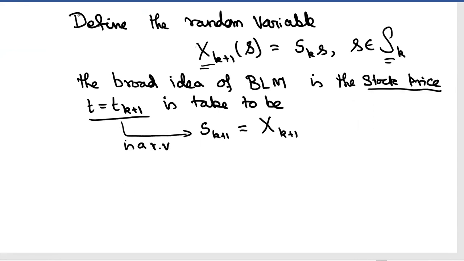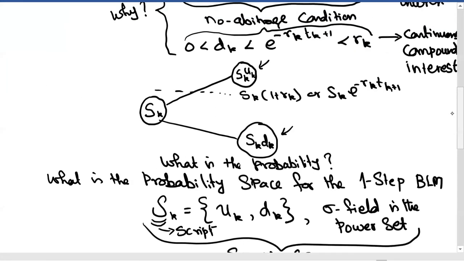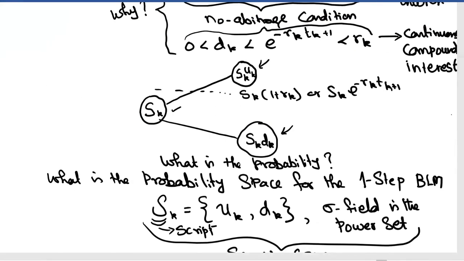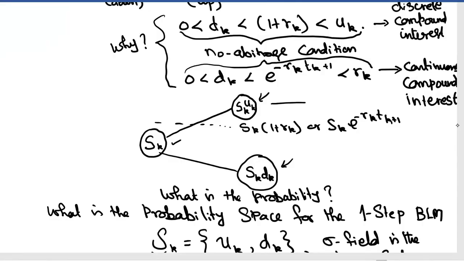Okay. And of course, this is given the stock price at t equal to tk. What is that? That is sk. So the broad idea is you are given sk. So your sk plus 1 is taking either this with probability pk, or it takes this value with probability 1 minus pk.